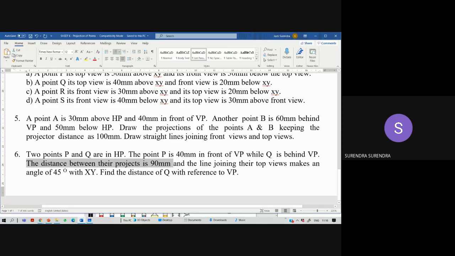It is given that the line joining their top views makes an angle of 45 degrees with the XY line. So for identifying the position of point Q, a clue has been given.